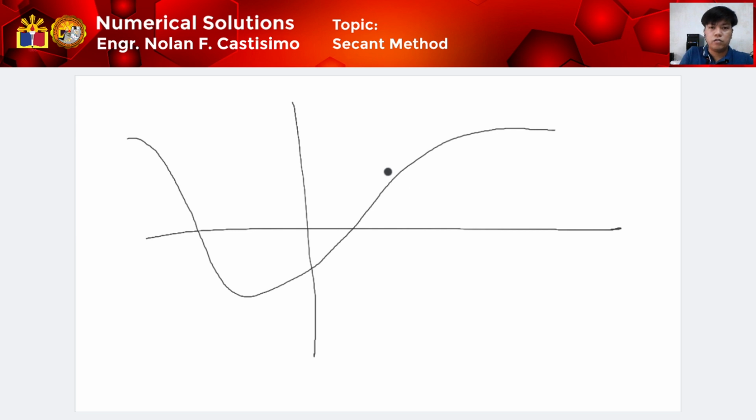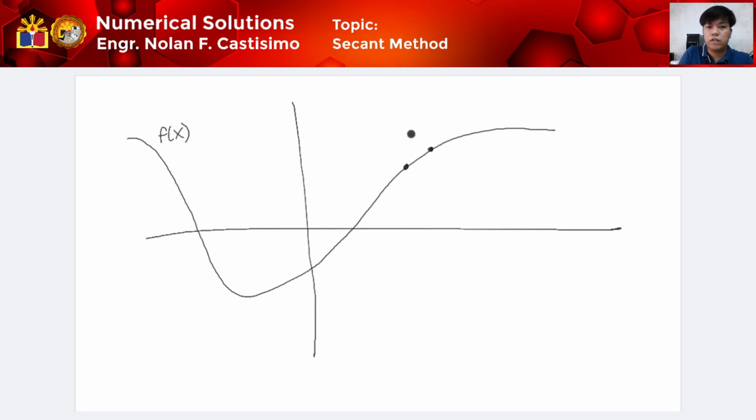In the second method we always have two initial guesses. Of course, our main goal in root finding is to find the root of the function.